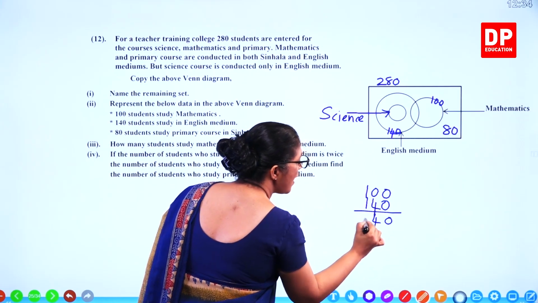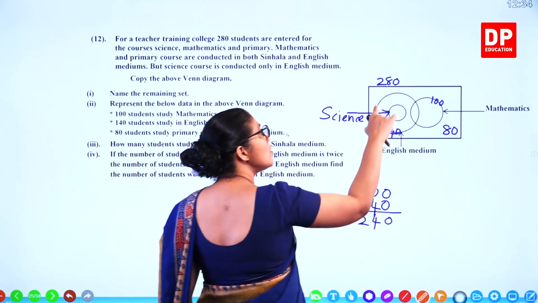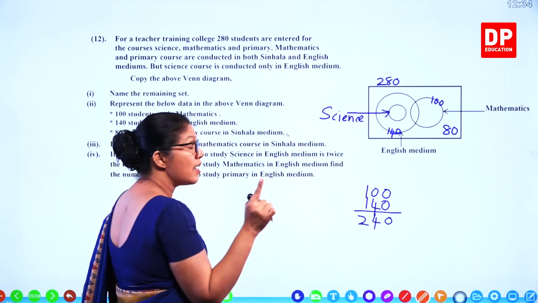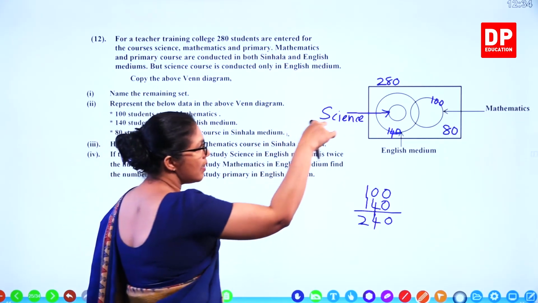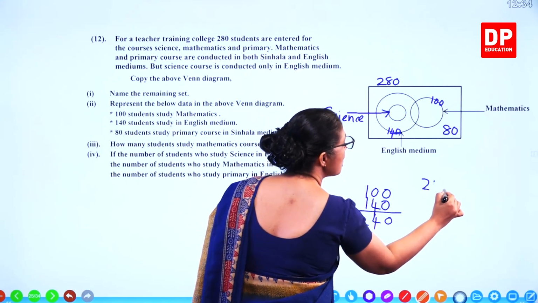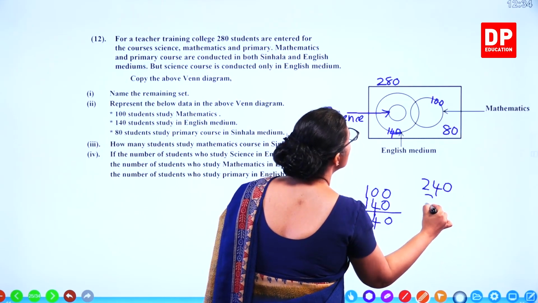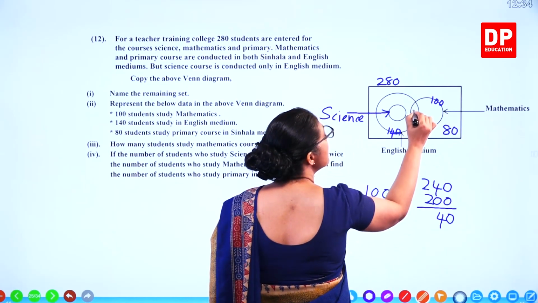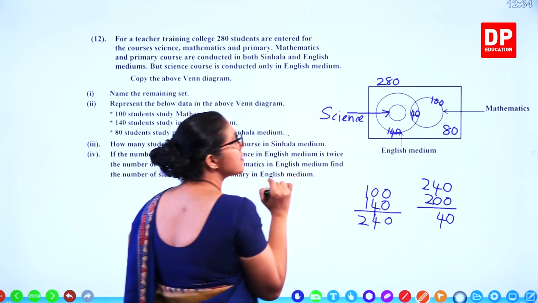You get 240. But you need to get 200 because 280 minus 80 is 200. So the extra is here. So 240 minus 200. That means 40 students here inside this part.